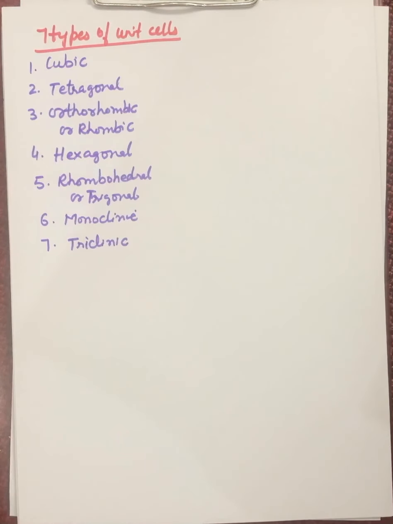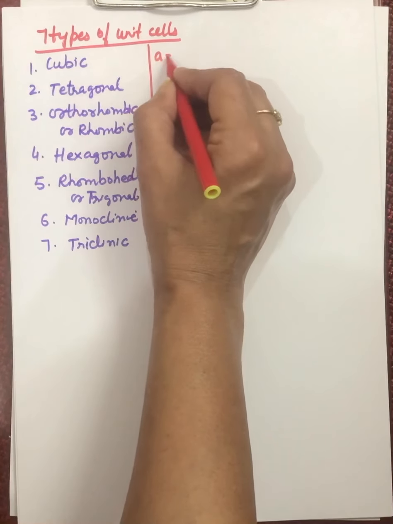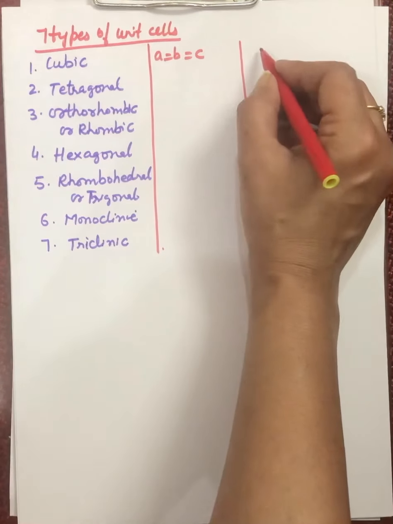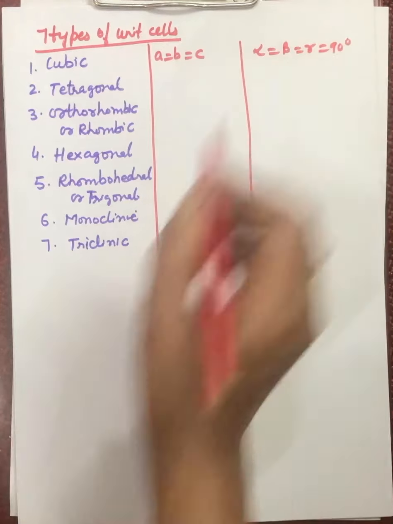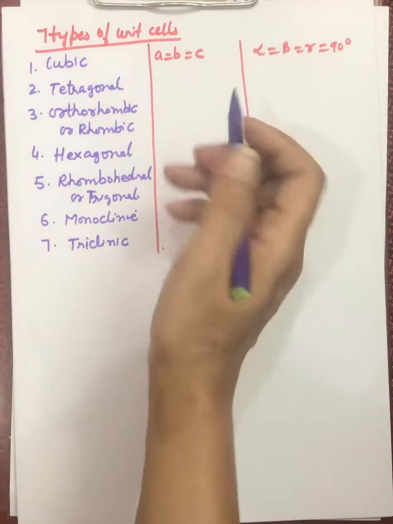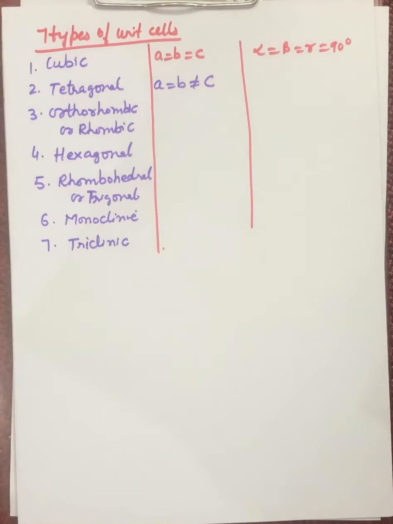Now parameters means, like I told you, the edge lengths, that is the axial lengths, and the axial angles. In cubic unit cell, all the 3 sides A, B and C are equal to each other, and all the angles also are equal to each other and equal to 90 degree. While in tetragonal, A is equal to B, but B is not equal to C. First I am taking the axial lengths only.